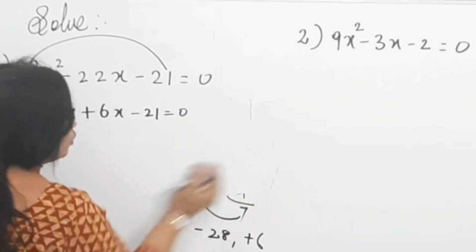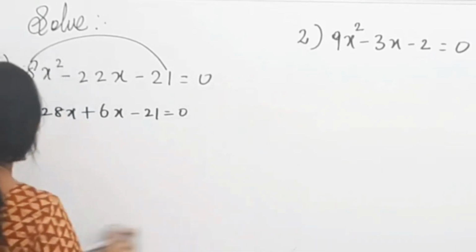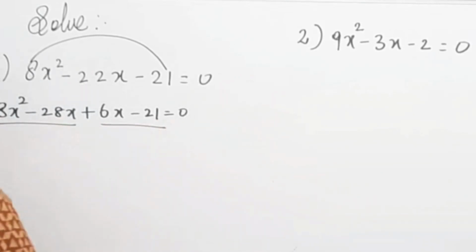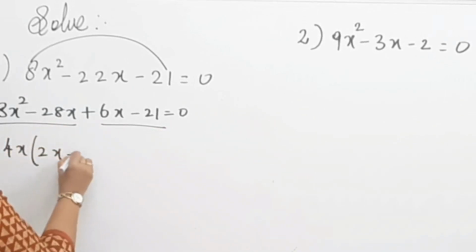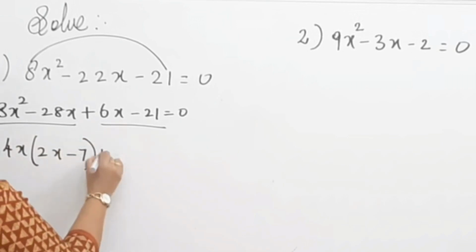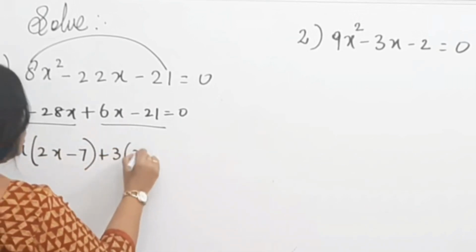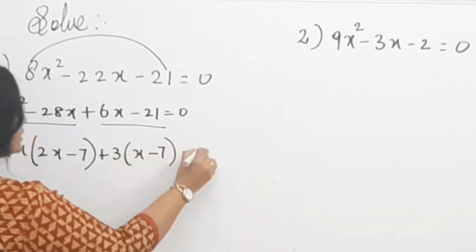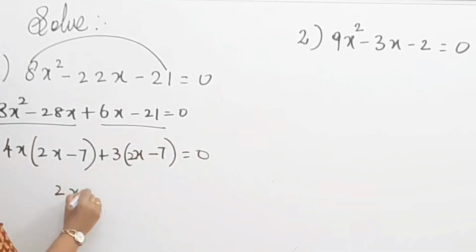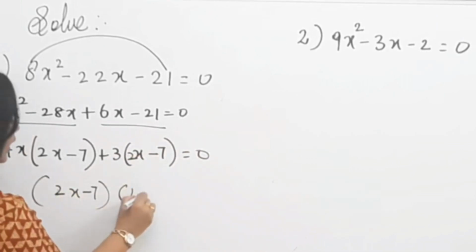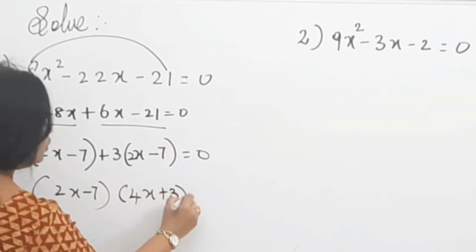Now I will group the terms. Here 4x is common, I'm left with 2x minus 7, plus here 3 is common, so I'm left with 2x minus 7. So I must have 2x minus 7 into 4x plus 3 equal to 0.